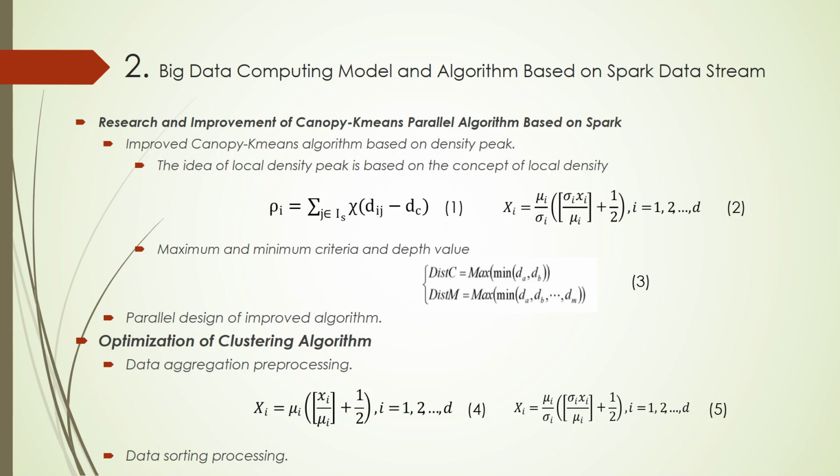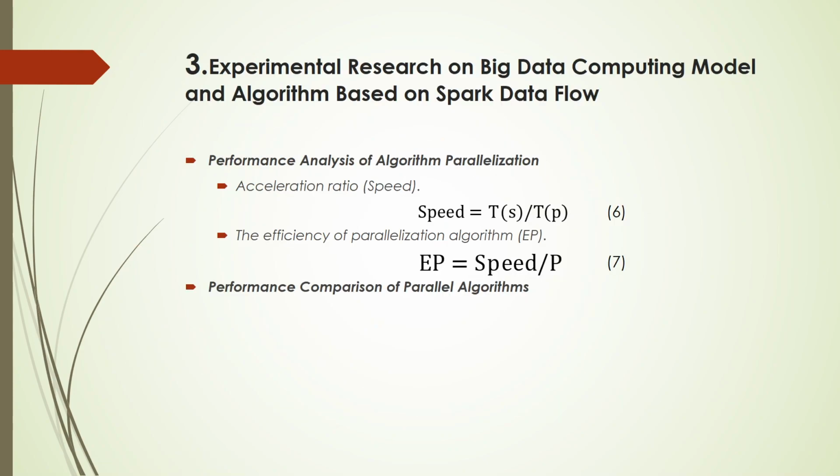Experimental research on big data computing, model and algorithm based on Spark data. Performance analysis of algorithm parallelization. Performance analysis of the algorithm is a standard embodiment to test the quality of the algorithm. The performance comparison between the algorithms must be compared with a large amount of experimental data.